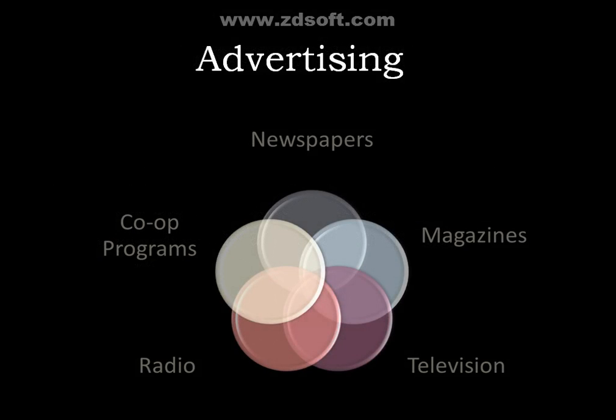Advertising, yes, like any manufacturer, like how HUL adopts advertising methods, or Procter & Gamble does advertising, same way retailers also use advertising to communicate with their target audiences. So what are the different methods of advertising? Newspapers and magazines are print advertisements.